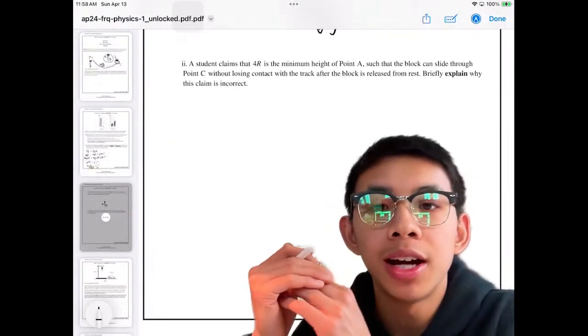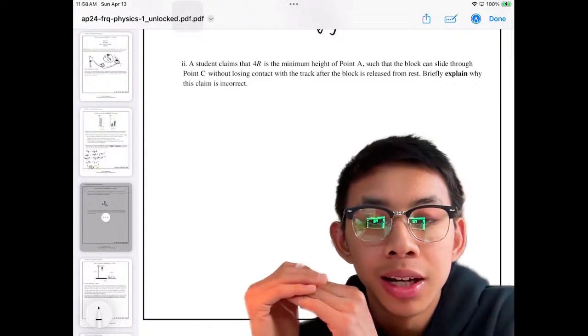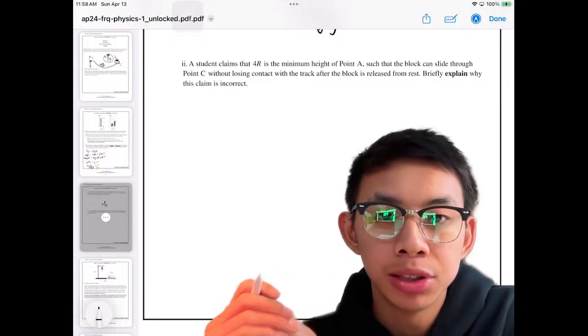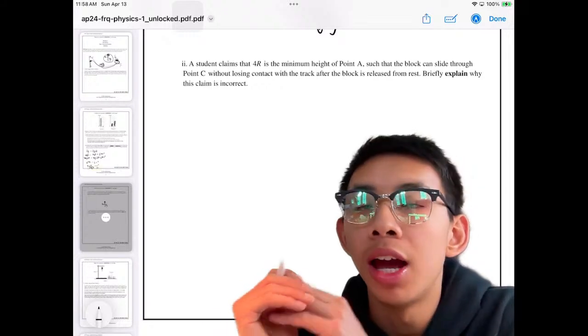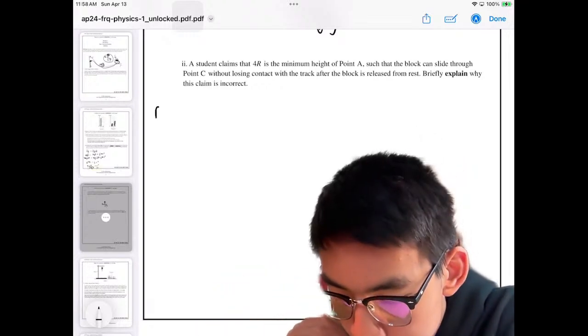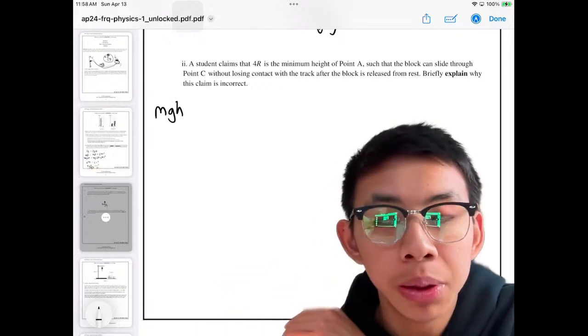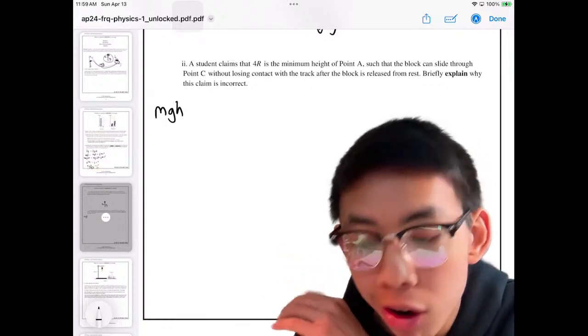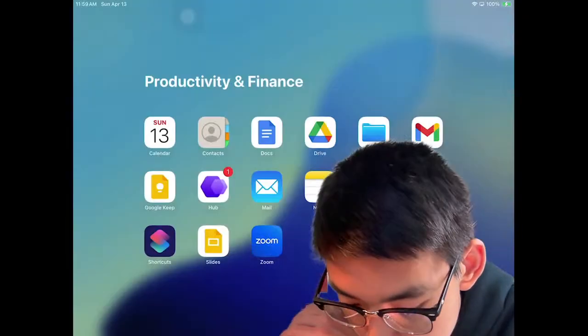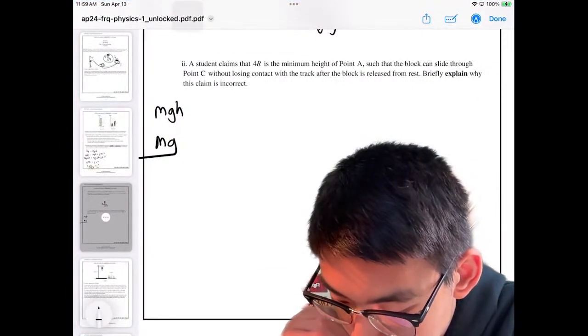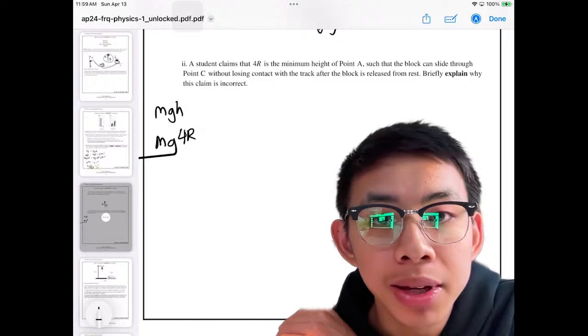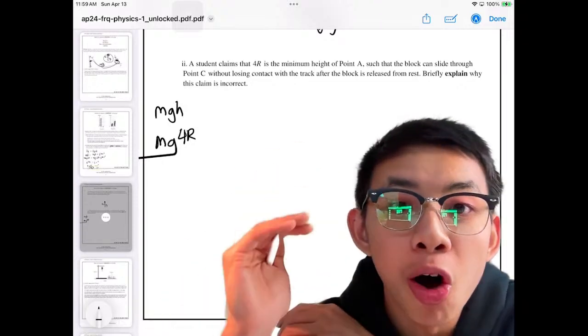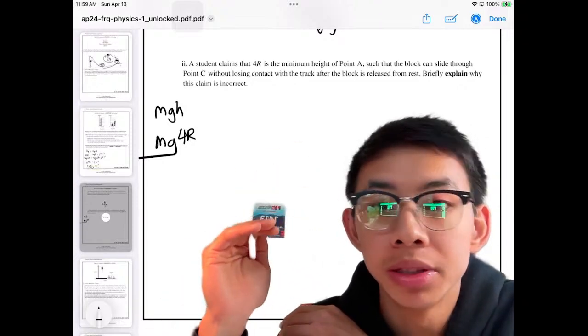Essentially, if I start out with a gravitational potential energy of mg4r, this is gravitational potential energy at a height of 4r. That means that's all the energy I have in the system at the moment.